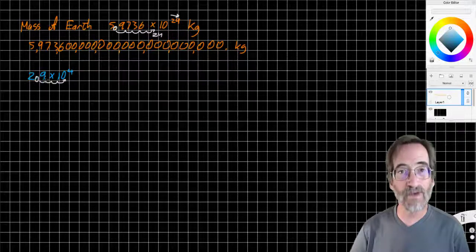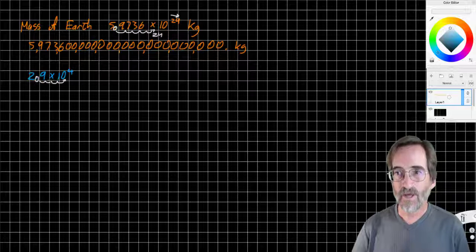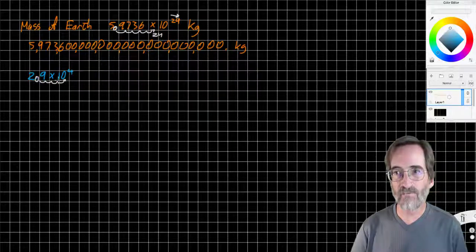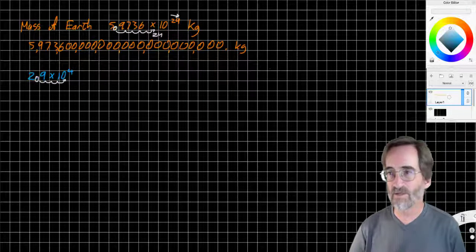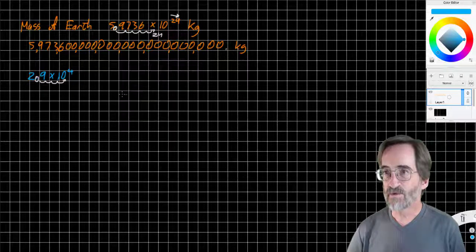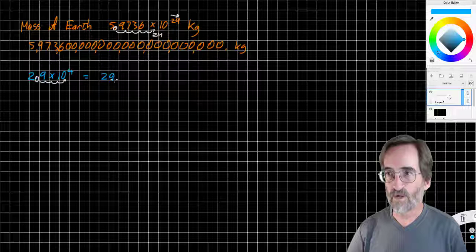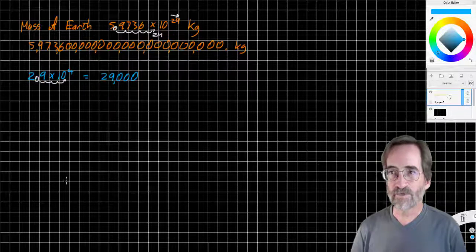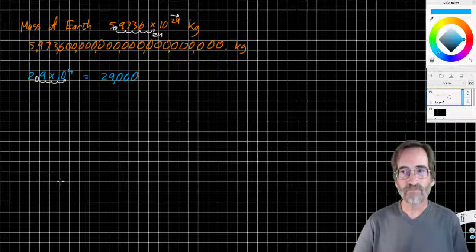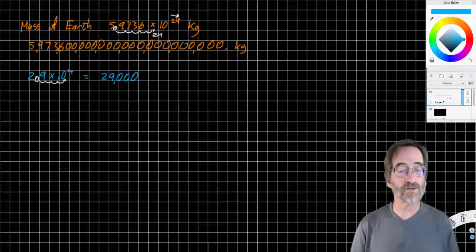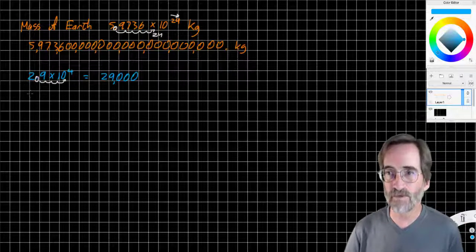Now one hop gets past the 9, the next hop adds a 0, the next hop adds another 0, the next hop adds another 0. So this is 2, 9, and then 1, 2, 3, 4 places: 29,000. Okay? All right? So that's how to turn a scientific number into standard notation.